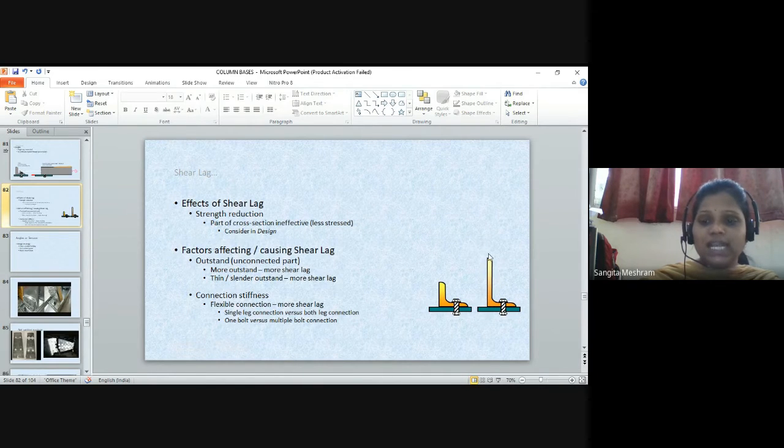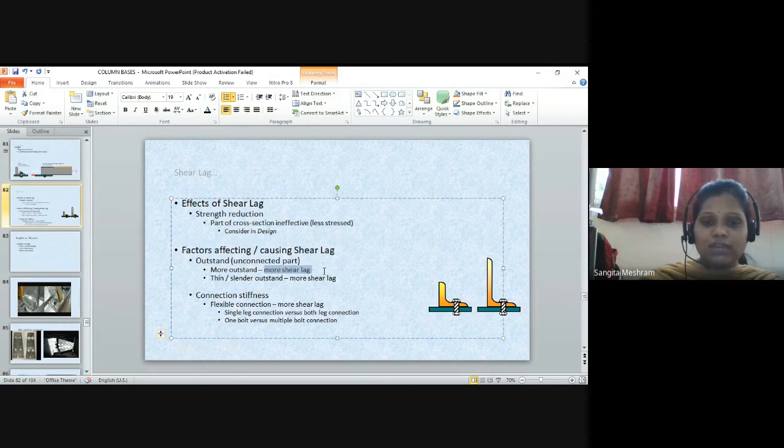In that case, the length of the outstanding leg is more, so it causes more shear lag. More outstand means the length of the outstanding leg is more as compared to the connecting leg, so it will have more shear lag.